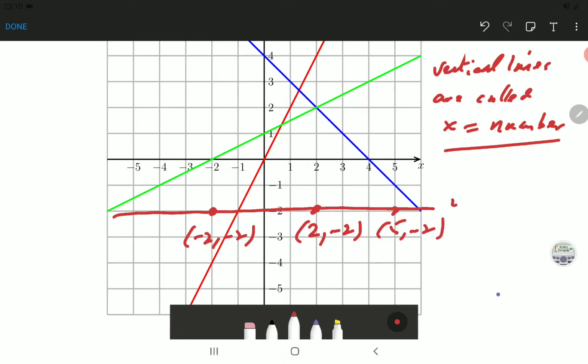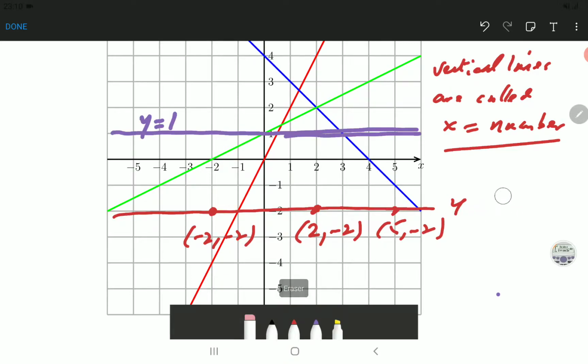You can see that in this case all the points have a common y coordinate minus 2. So that straight line is called y equal to minus 2. Then similarly, this horizontal straight line here would be called y equal to 1, because all the points are going to have a y coordinate of 1.